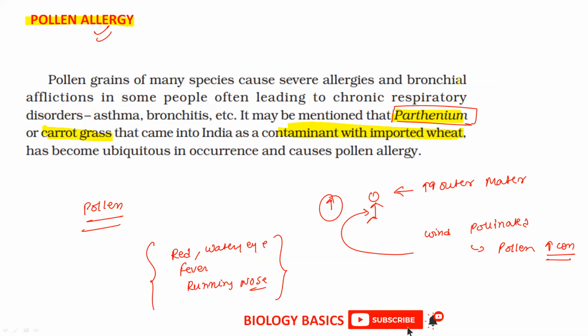Just like asthma or bronchitis can be seen in some patients. Okay, is there any other example other than parthenium? Yeah, there are. It could be Chenopodium, or it could be Amaranthus. So Amaranthus also may cause the pollen allergy.